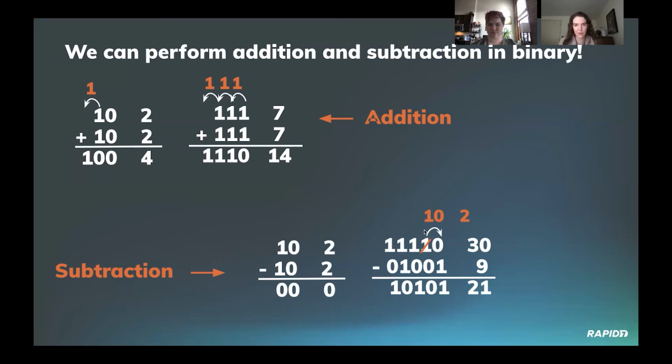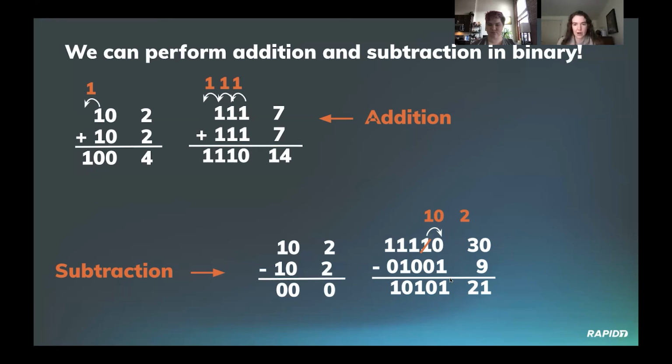So that 1 becomes a 0, and we bring that 1 over. So it becomes 1, 0, which we know is 2 in decimal, subtract 1 from that, and you get 1 in that first ones place column.